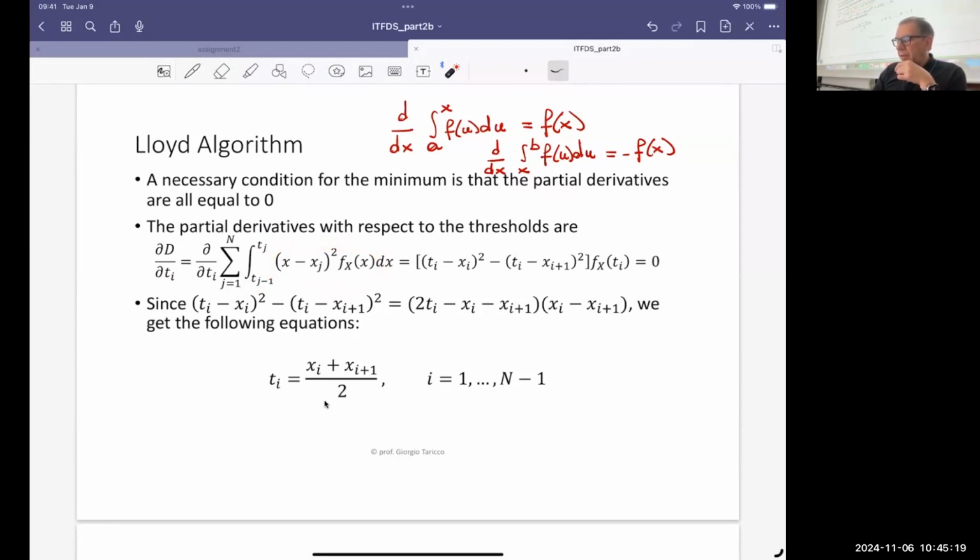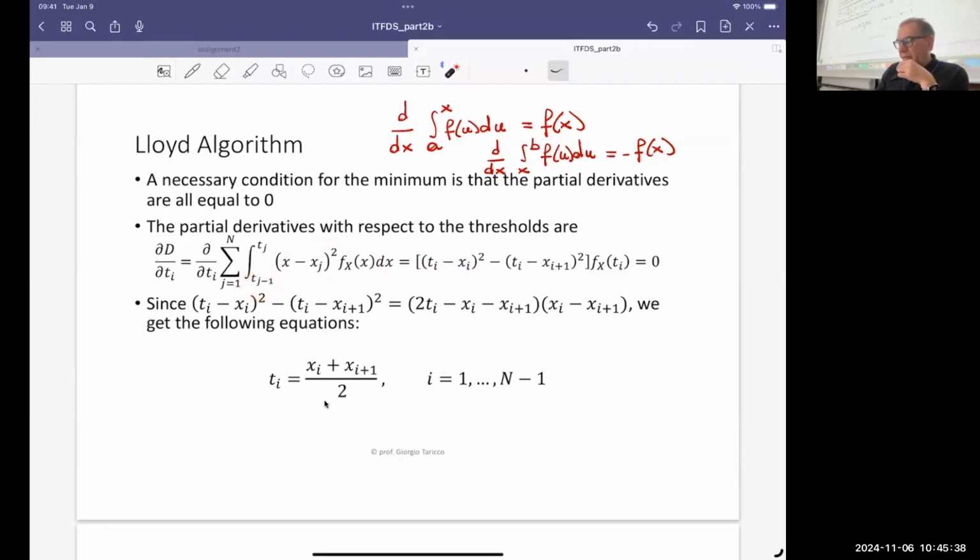And this gives ti minus xi squared multiplied by fx of ti for j equal to i. For j equal to i plus 1, it appears as a lower limit.